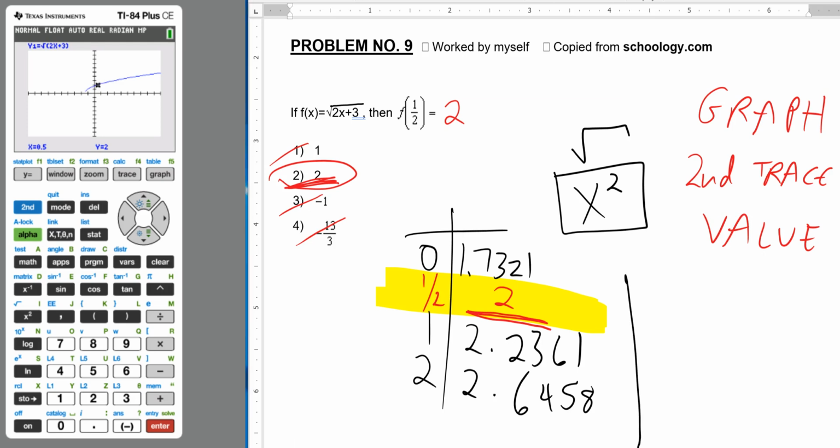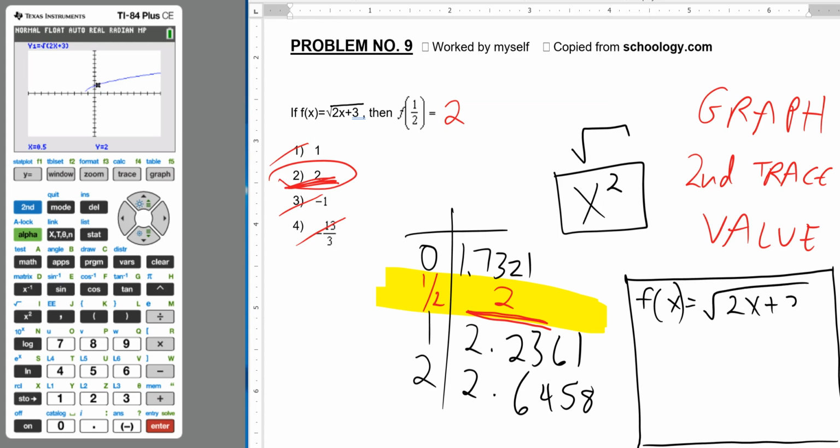If you don't like any of this and it seems very confusing to you, then we can just do this the old-fashioned way. If f of x is this function, radical 2x plus 3, then for f of 1/2, all you're doing is, wherever you see x, you rewrite the whole thing, but instead of x, you open parentheses, fill in the value that you need, and rewrite the rest.